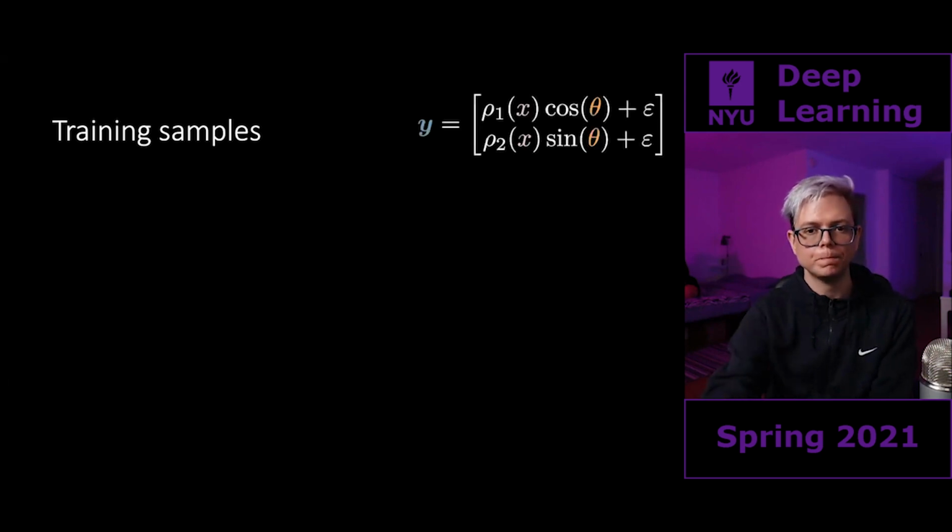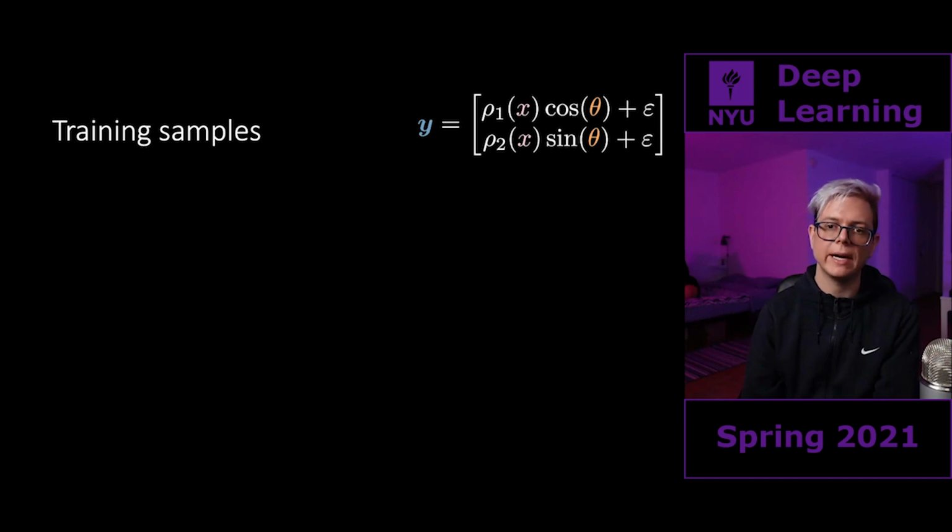And so our vector y has two components. The first component is rho1, a function of x, which was usually our input, multiplied by the cosine of an angle, theta, which we don't have access to, okay?